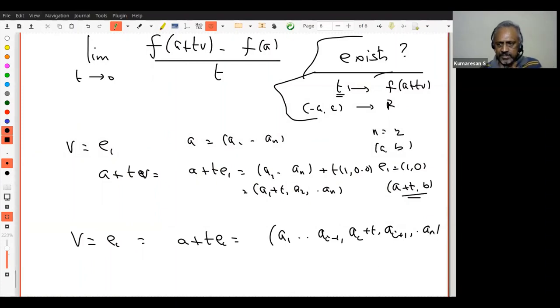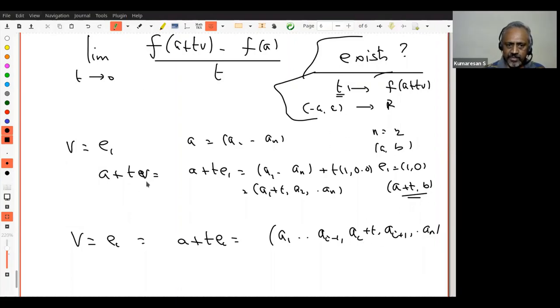How many of you understand this? Say quickly. So what we are doing, when I write A plus tv, I am increasing only the component of A. When v equals Ei, it is only an increment in the ith coordinate.